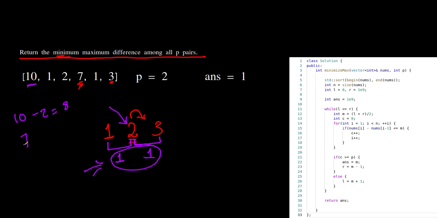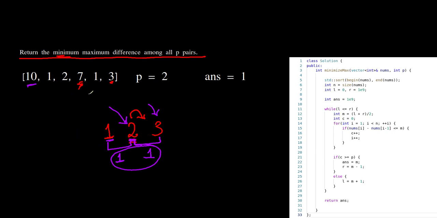If you take 7 minus 2 equals 5, it is still greater than these two values. So in order to get the minimum possible differences, we took one value greater than or equal to 2 and one value less than or equal to 2.